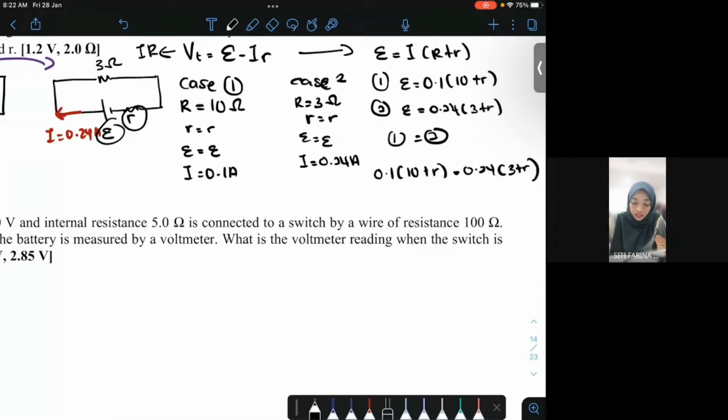Okay, and then kembangkan, do your maths, dapatkan nilai r dulu. Okay, you should get 2 ohm lah. Dah dapat r, ambil r ni, masukkan dalam any one of the equation. Equation 1 atau equation 2, dapatkan nilai EMF kamu.